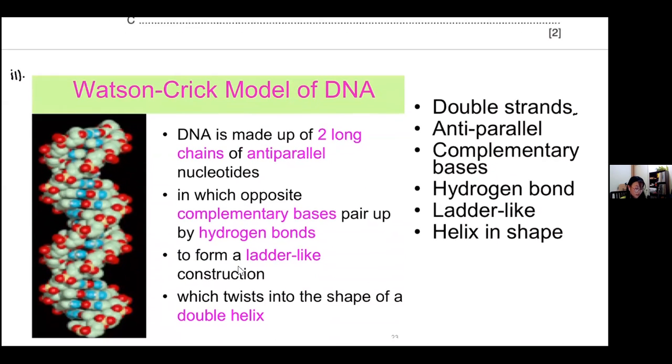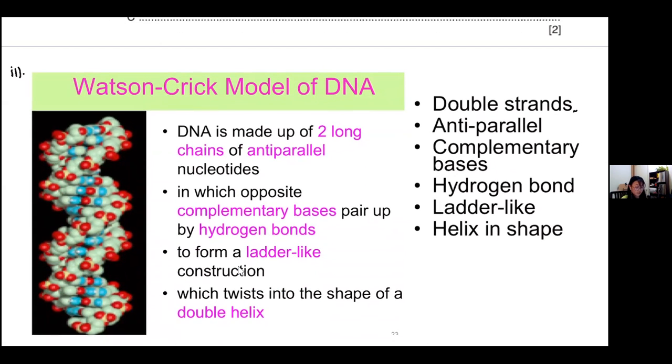So now let's move on to the Watson-Crick model, which describes the structure of DNA. DNA is made up of two long chains of anti-parallel nucleotides in which opposite complementary bases pair up by hydrogen bond. You can give an example like pyrimidine will pair up with purine, like thymine will pair with adenine by complementary base pairing, forming hydrogen bond.